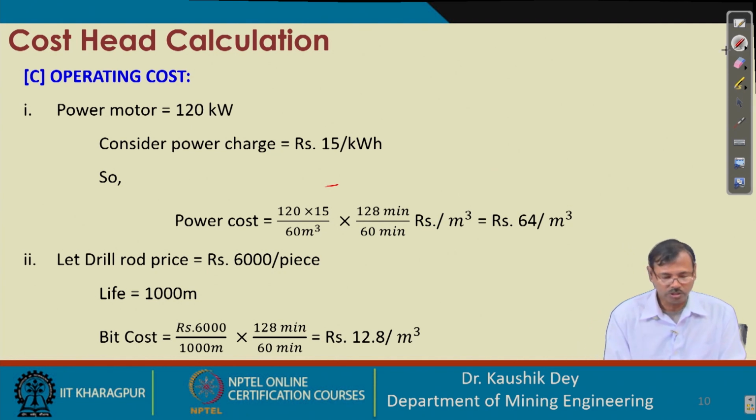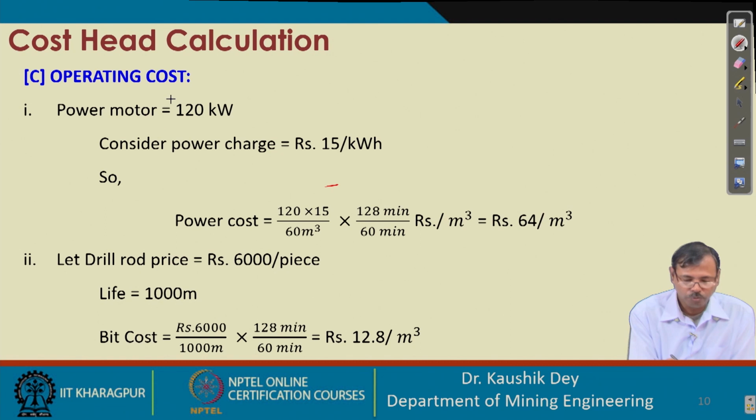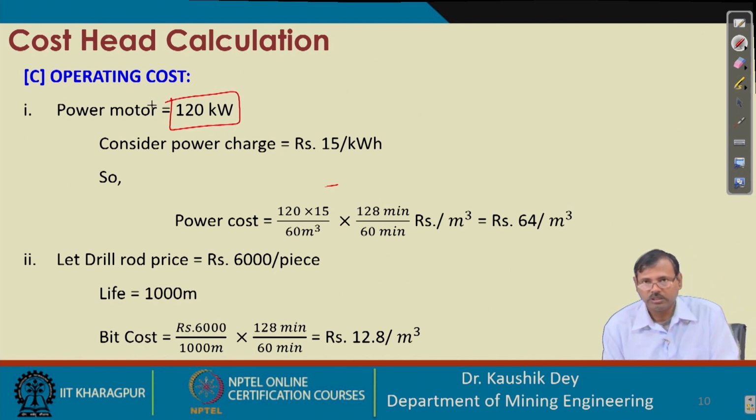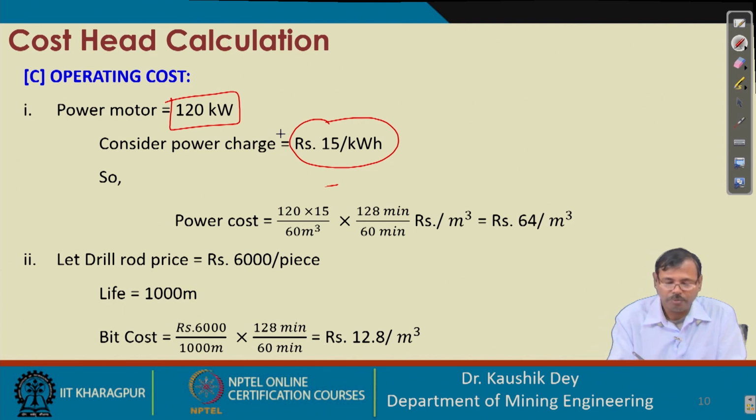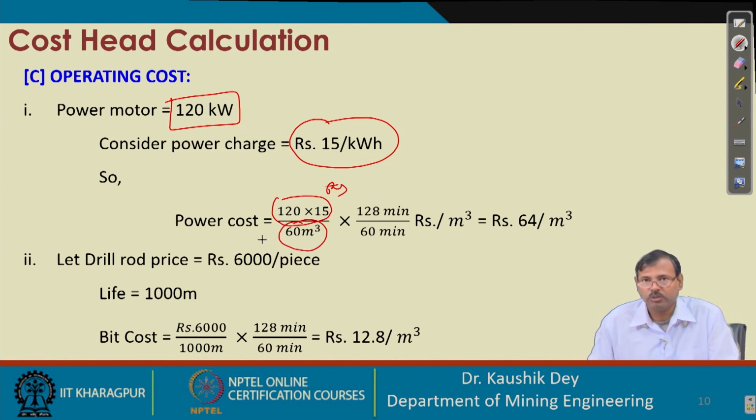In operating cost you can see the motor power which is fitted with the jumbo drill is 120 kilowatt, and the average power rate is 15 rupees per kilowatt hour. So, in 1 hour the power cost is 120 into 15 rupees, and 60 meter cube is what we get from one phase, and 128 minute is the engagement requirement of this one.